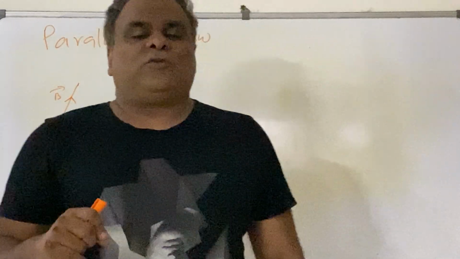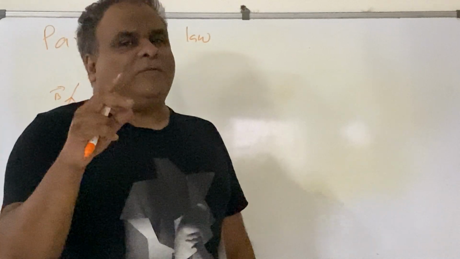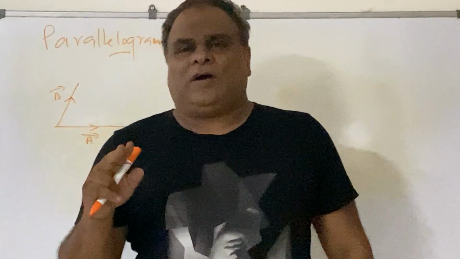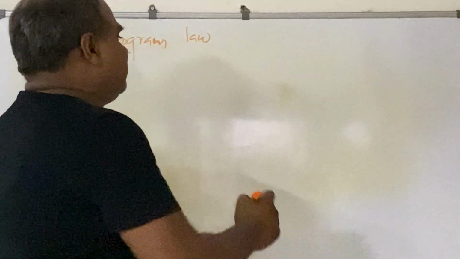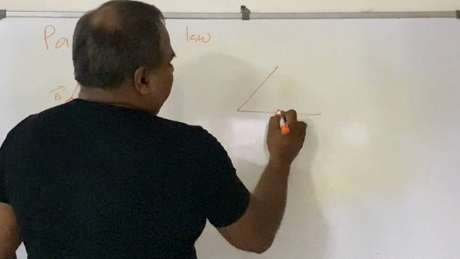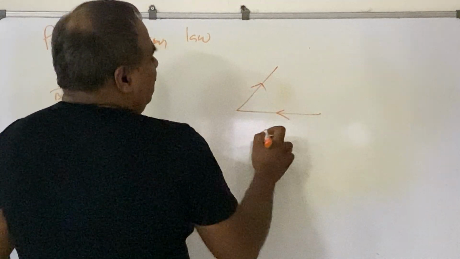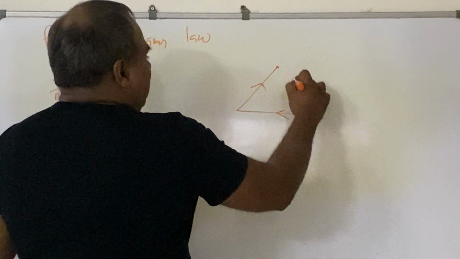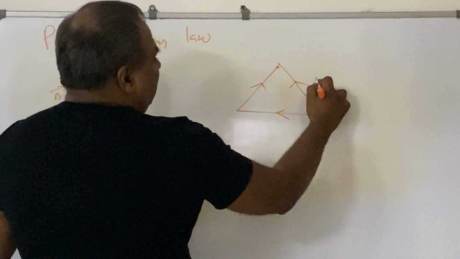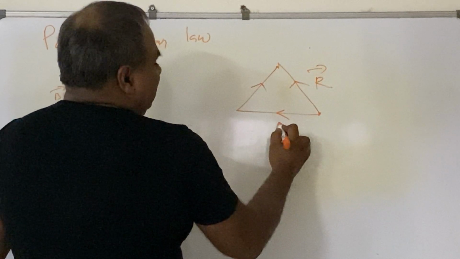So what is the parallelogram law? If the vectors are in order, we use the triangular law. What is the triangular law? If two vectors are in order, like this, we have taken the example of displacement, we start from here and end here, then we complete the triangle and this is the resultant, the resultant means sum.